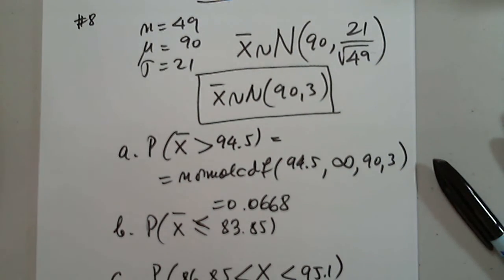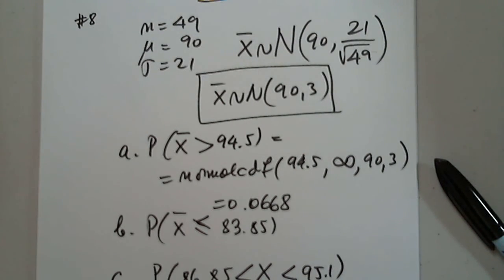So where's my mouse? Okay, I put my papers over my mouse so I couldn't find it. Okay, so here it is. So with normal CDF this time, we want less than or equal to 83.85, so the lower is negative infinity, and the upper is 83.85.